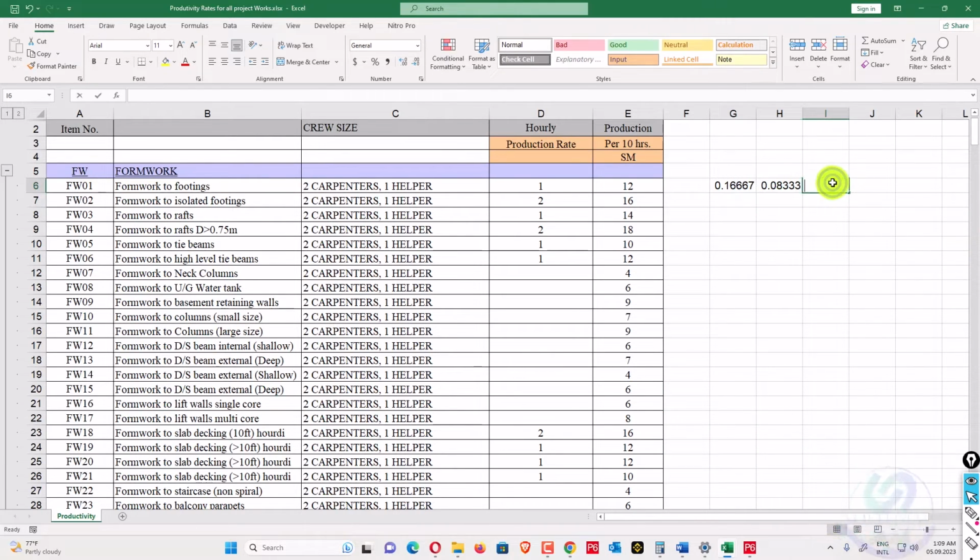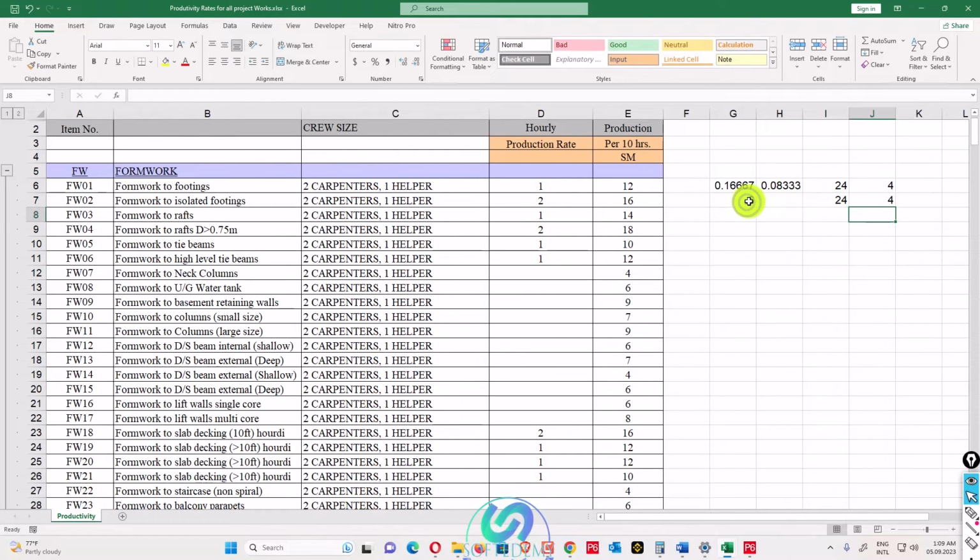If we have 24 square meters of work, we do 24 multiplied by 0.1667. We require 4 carpenters, because 2 carpenters are required for 12, so for 24 we require 4. The helpers will also be 2 here. If we consider it in reverse, 12 divided by 2 is 6. So if we have 24 square meters of work, we divide 24 by 6.